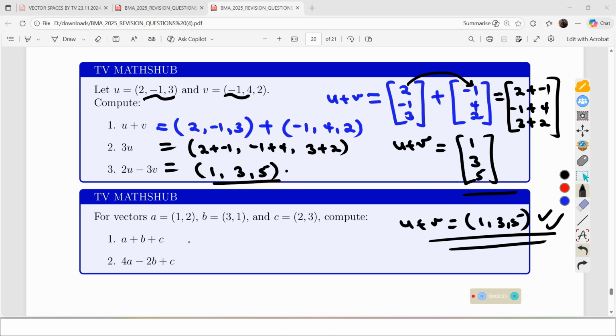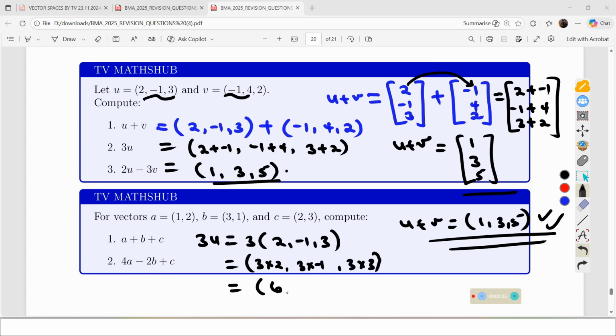So next we want to look at 3u. What will be 3u? 3u is the same as having 3 into u, which is (2, -1, 3). So this is the same as having 3 multiplied into that: 3 times 2, 3 times -1, and 3 times 3. So this should give us (6, -3, 9), and this will be the answer.